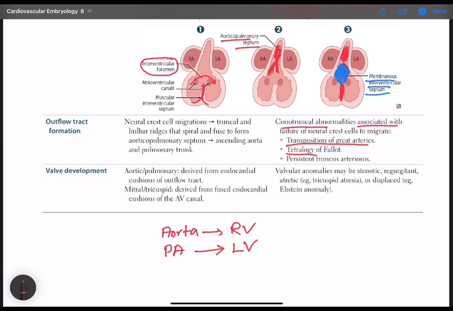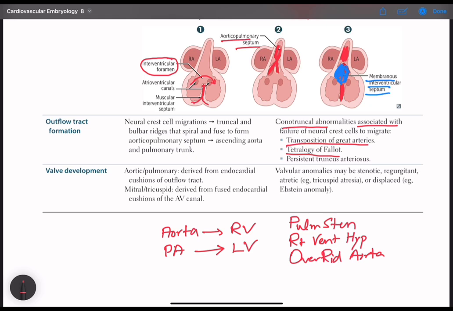In tetralogy of Fallot, we have pulmonary stenosis, right ventricular hypertrophy, an overriding aorta, and a VSD. In persistent truncus arteriosus, the truncus arteriosus fails to divide into aorta and pulmonary artery, and thus we have a common opening.